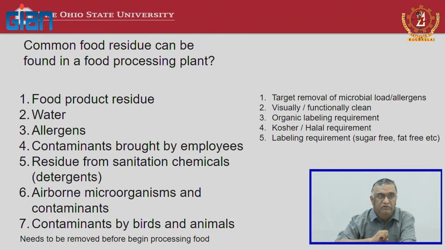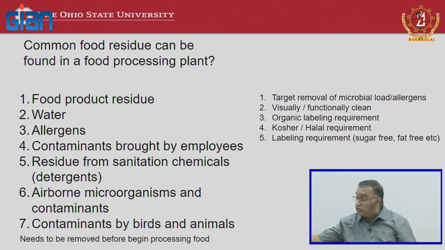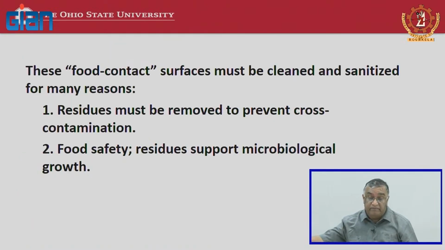So, you have to make sure when you do the cleaning and sanitation, all these things are taken care of. You want to remove the microbiological load and allergens, and you want to make sure it's visually and functionally clean, and there are similar requirements for organic labeling, kosher and halal requirements. So, you have to take care of all those things.